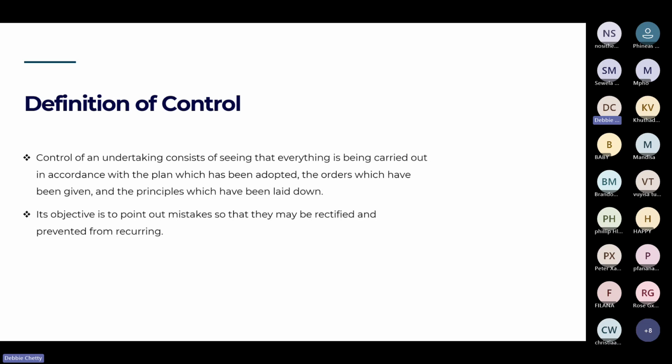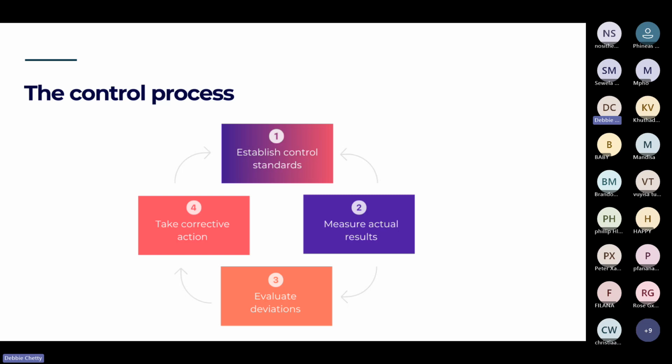On the next slide, you will be able to see what we discuss as the control process. Now, the control process involves 4 steps. Step one is you must be able to establish control standards.